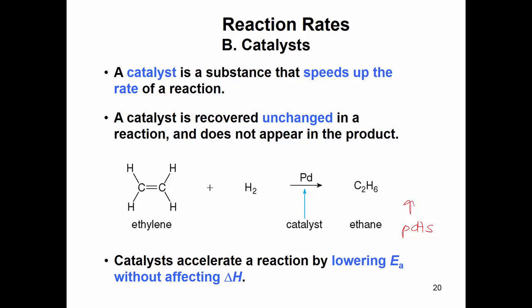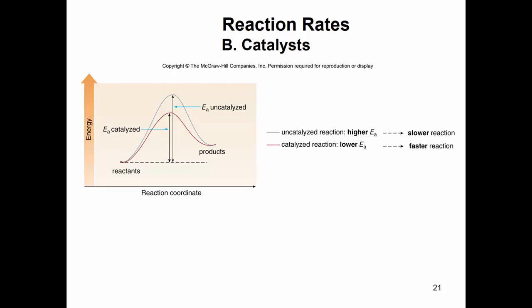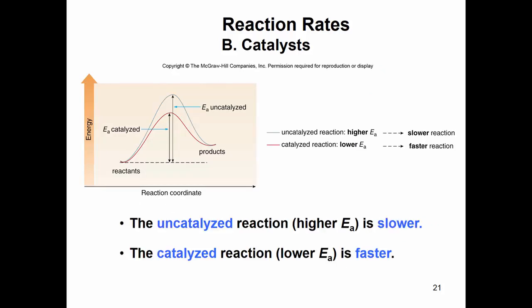Catalysts will accelerate the reaction by lowering the energy of activation, without affecting the delta H. So let's see what this looks like. If we had the same reaction, this blue one is uncatalyzed, so we ran this reaction with no catalyst.